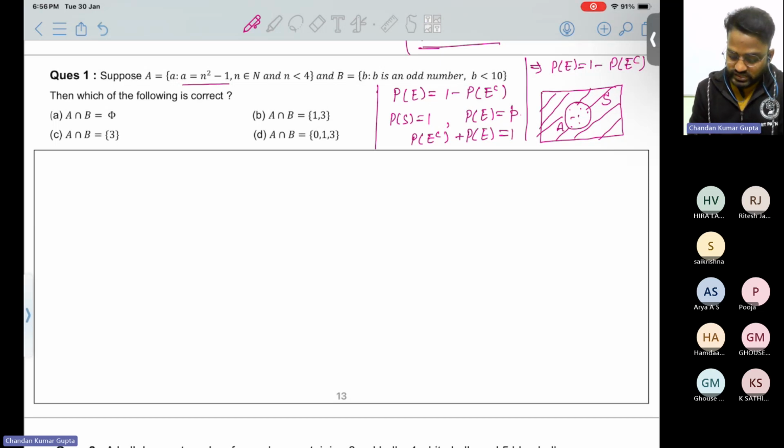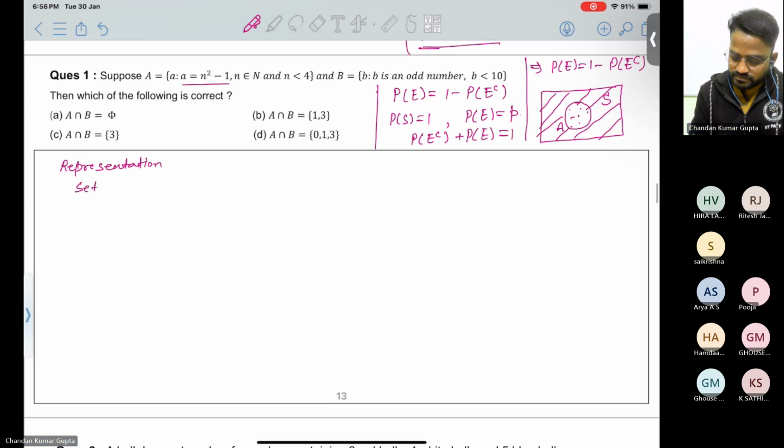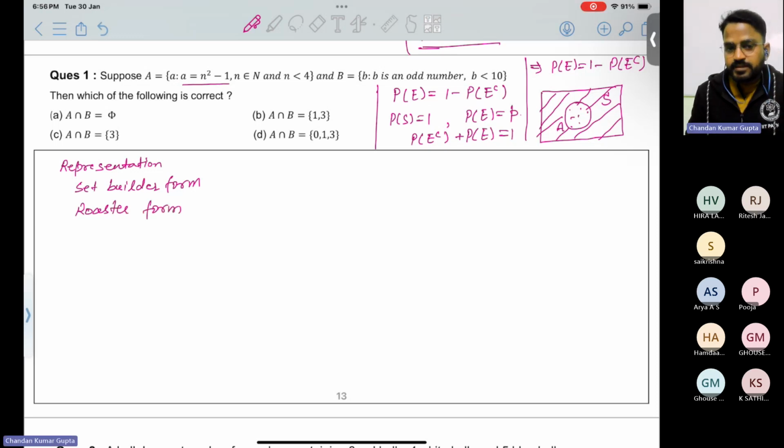You know that there are representations of a set. We can write a set in two forms. The first one is set builder form, and the second one is roster form. Are you familiar with it?